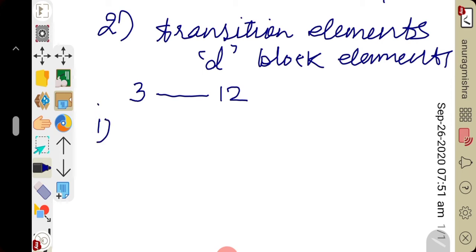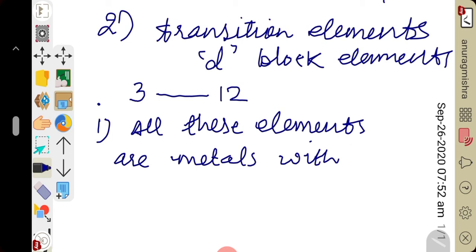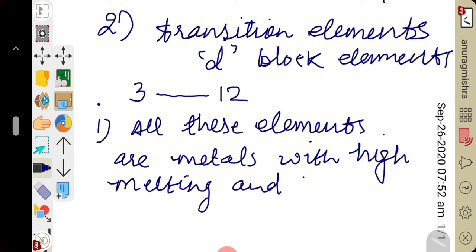So the first characteristic property of transition elements is all these elements are metals with high melting and boiling point, right?